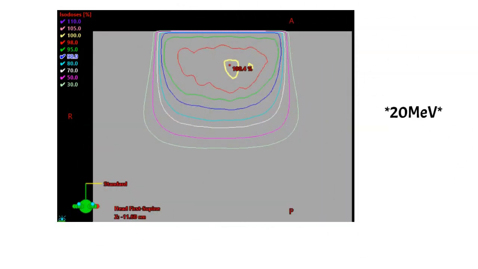So here's an example electron profile. This just shows the isodose distribution with respect to depth, and this is for a 20 MeV electron beam. You can see that the higher isodose lines, like the 95 and the 90% isodose lines, tend to constrict inward, away from the periphery of the field as you go deeper.